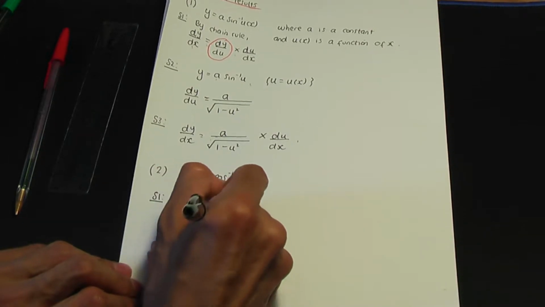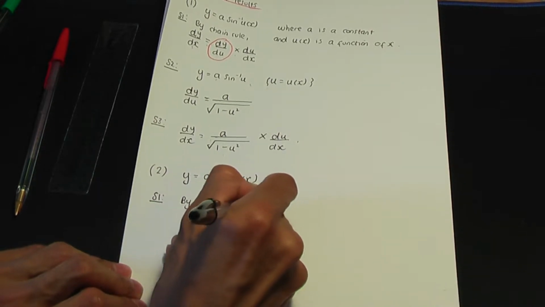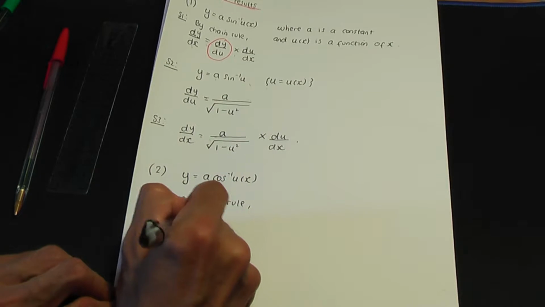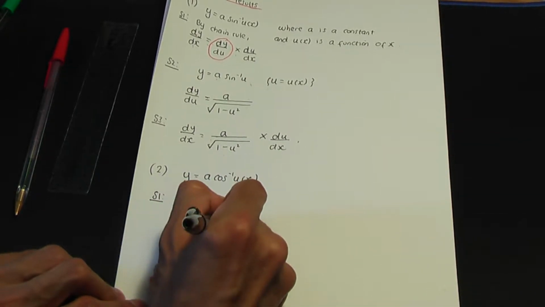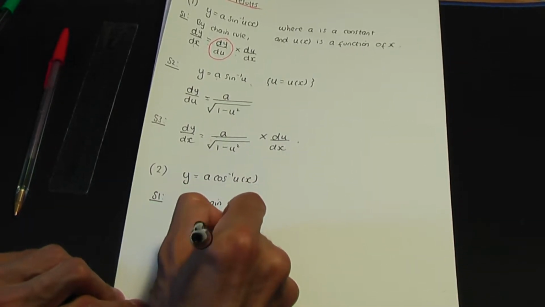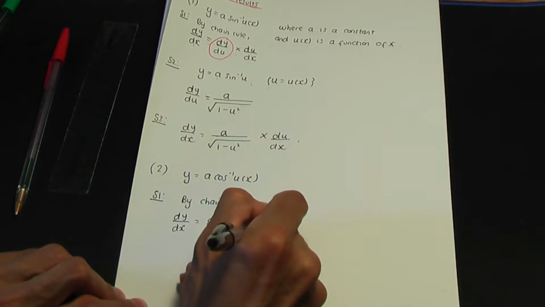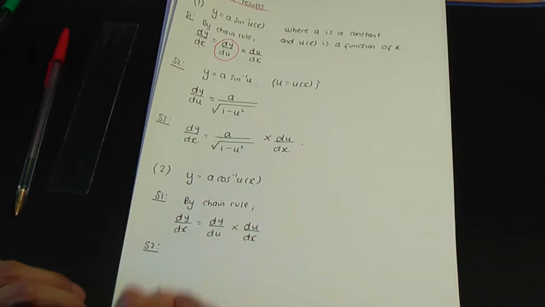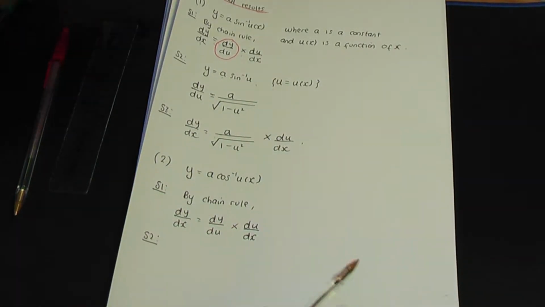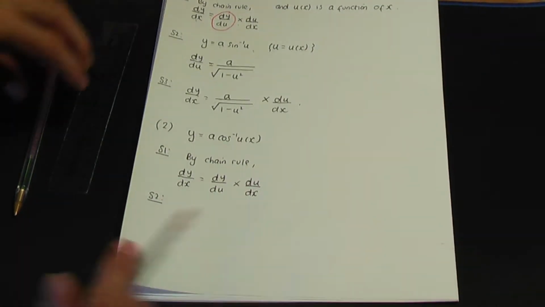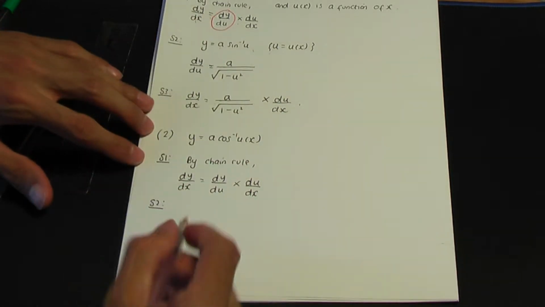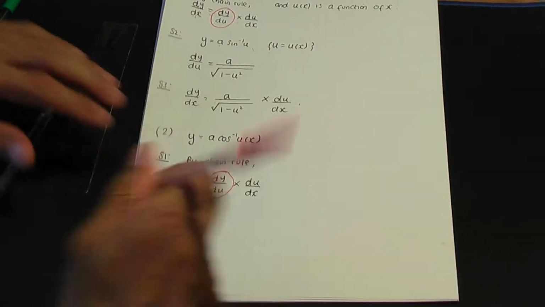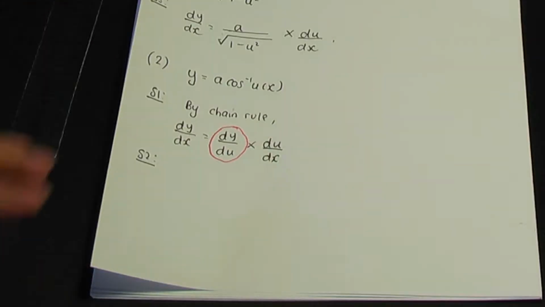So by chain rule, dy by dx is dy by du times du over dx. So that's going to take me to step 2.